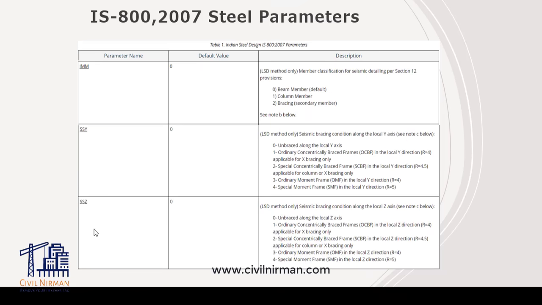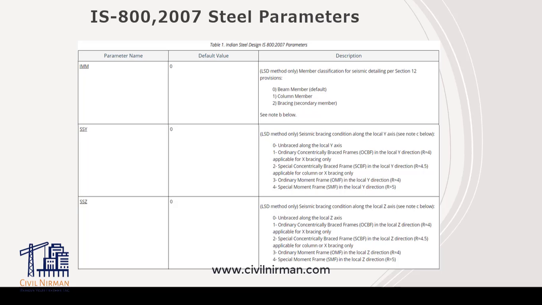After seismic, we have the next parameter, that is IMM. In this, by default the value is 0, and what this 0 signifies is that all members are beam members by default. Now, as per Section 12, you have to classify all the members as beam, column and bracing members, since Staad alone cannot identify these members.